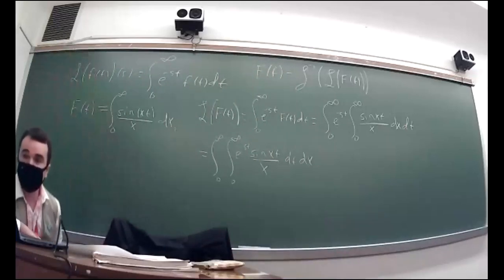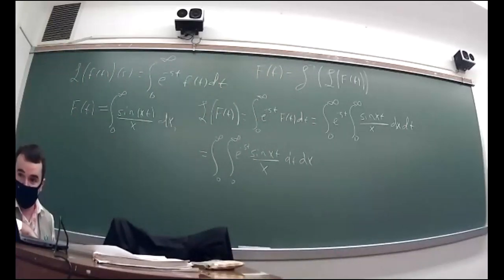So you saw me execute those two steps at once. I first brought e to the minus st inside the integral of sin xt over x, and then I used Fubini's theorem to switch dt and dx.